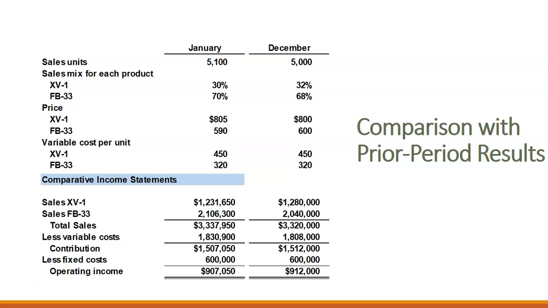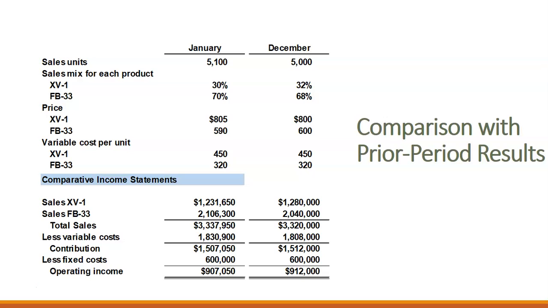How have our prices changed? Well, now we have that the one product has increased by $5 and the other product has decreased by $10. Because of this decrease, that has an impact on our contribution margin, especially considering that the product that had the sales price decrease was 70% of our sales mix.